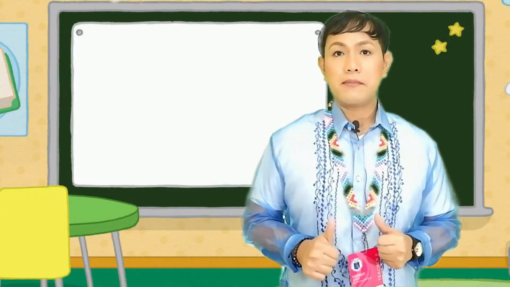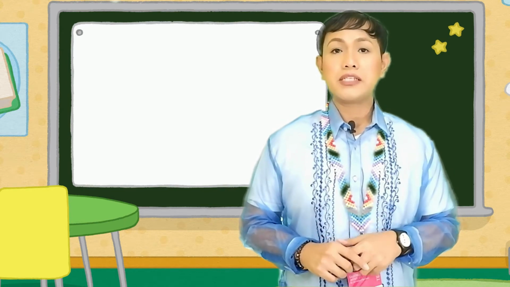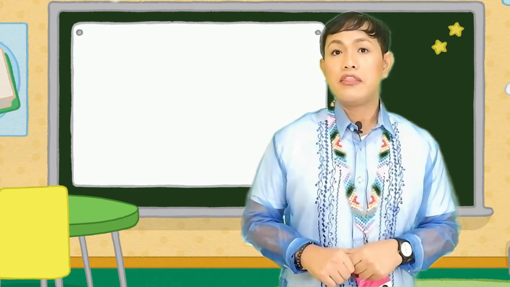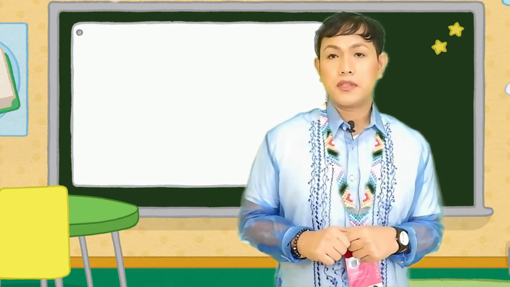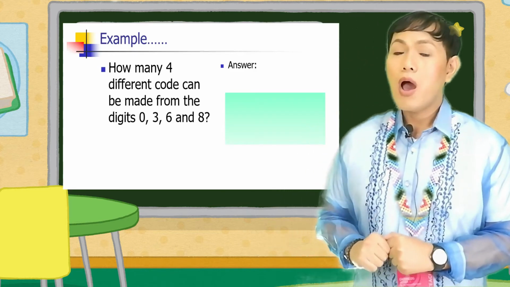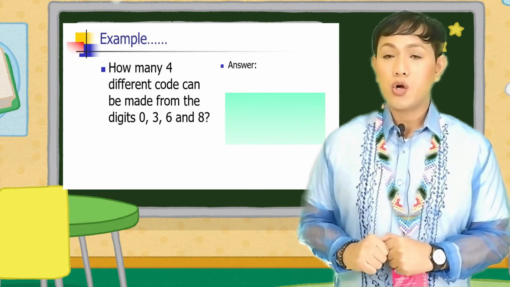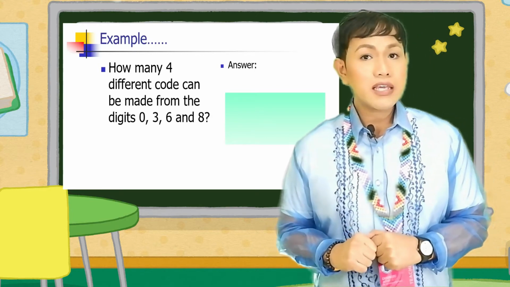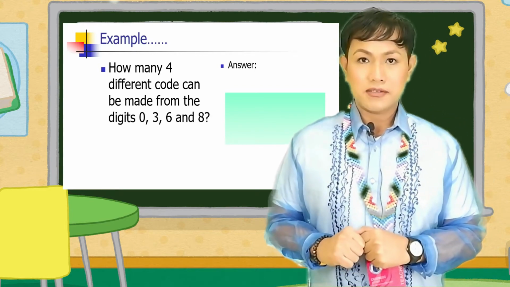Let us try to examine more examples pertaining to permutations by which we can actually use the factorial notation. So here is the first example. How many 4-digit codes can be made from the digits 0, 3, 6, and 8?